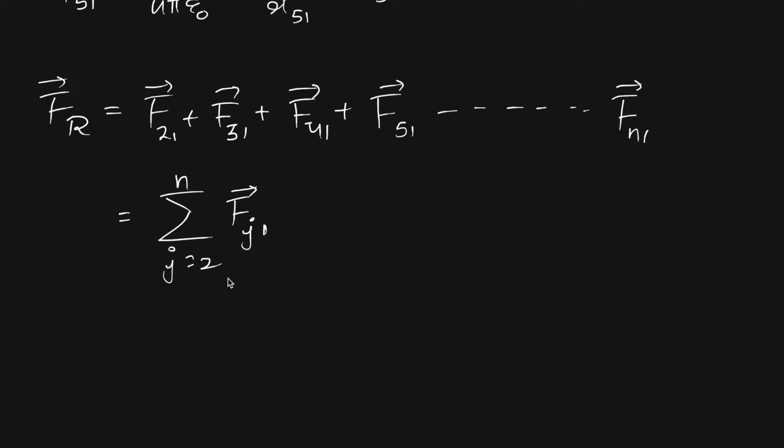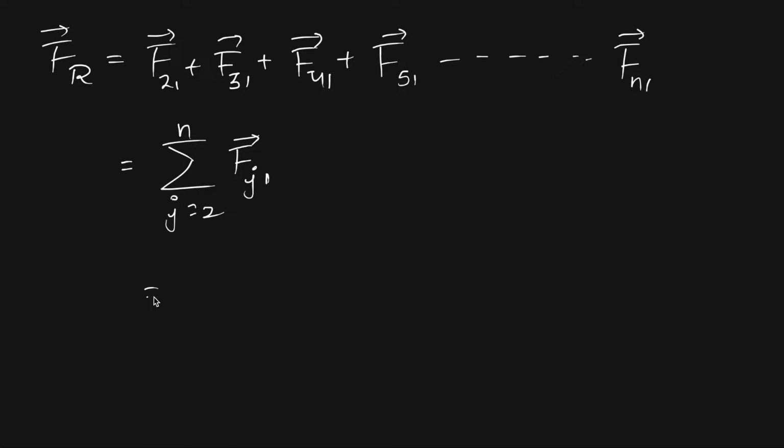So I take the j value starting from 2 only: 2, 3, 4, 5.